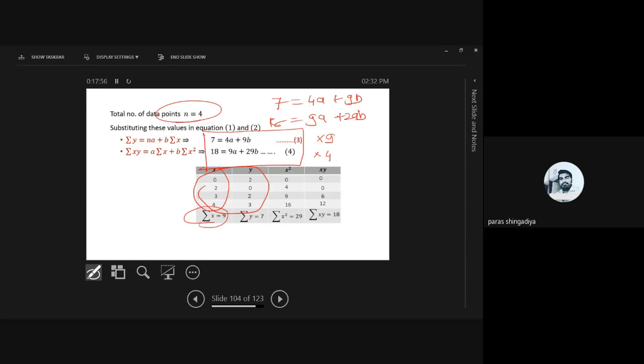So for A, choose 1, and then press equal. It will be 1.171428. You get it or not? 1.17 is our answer for A. And now for B, again press Shift and 2, press next 2 times and choose B. For B the option is 2, so press 2 and then press equal.